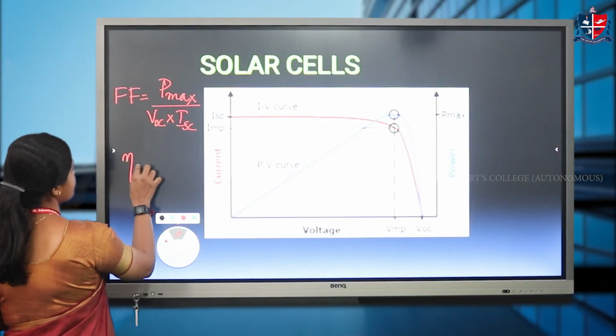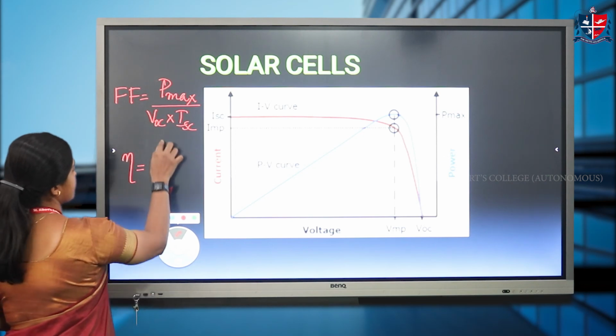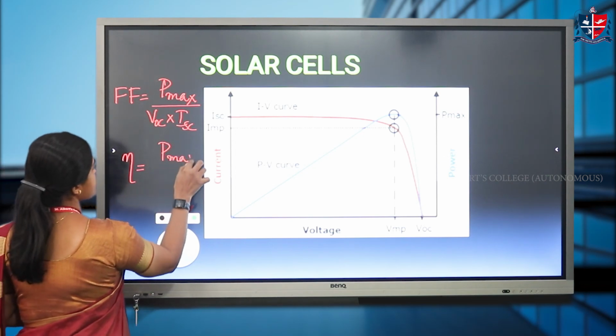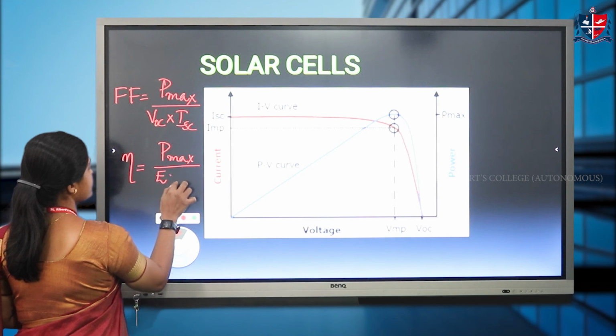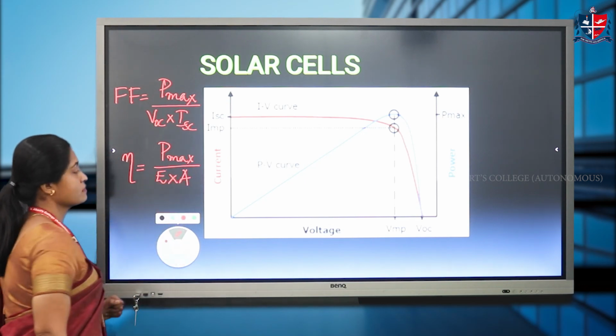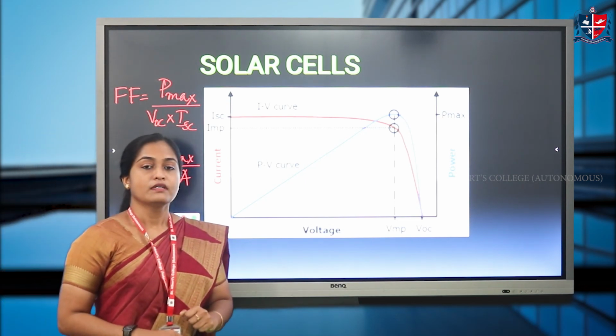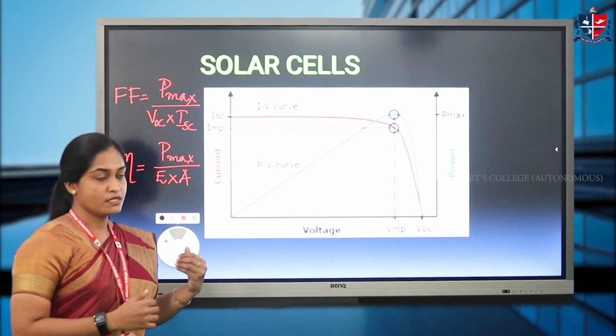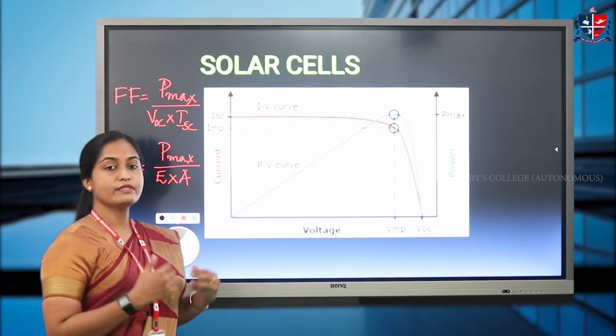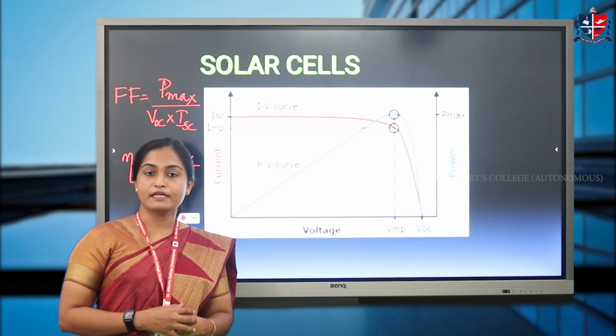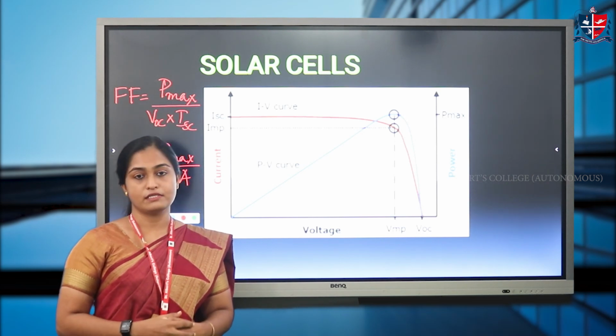Now the conversion efficiency, eta, is equal to Pmax divided by the input irradiance times the area of the solar cell. So by knowing these values, VOC, ISC, fill factor, etc., we can characterize a solar cell in research.